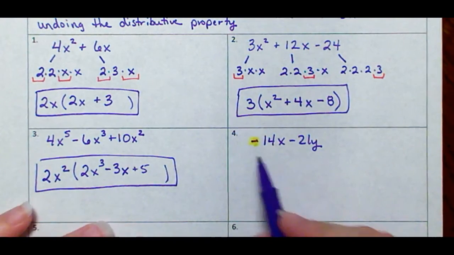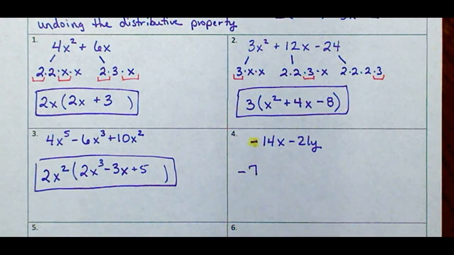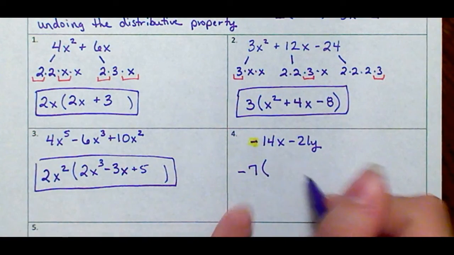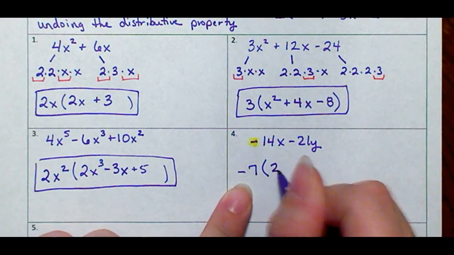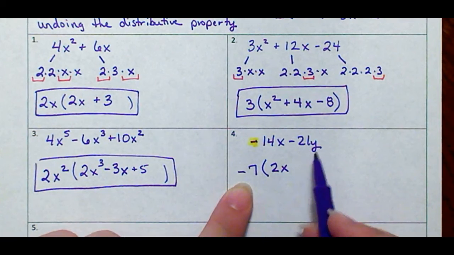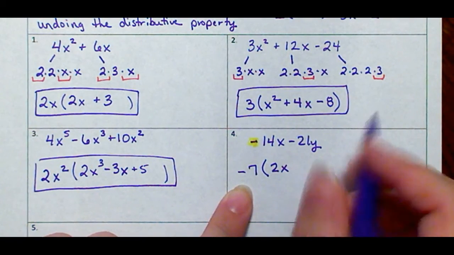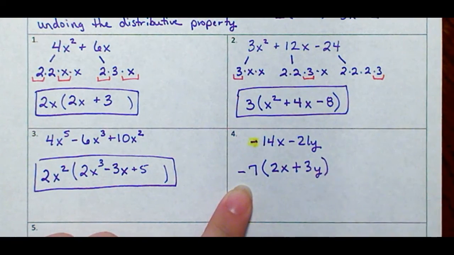So if you said 7, you were right. Negative 7 is what we are going to factor out. So negative 7 is the GCF. So negative 7 times what gives me negative 14x? Well, that would be 2x. Negative 7 times 2 is negative 14. Tag on the x. Now here's where you have to be careful. Negative 7 times what gives me negative 21? This would be a positive 3y.